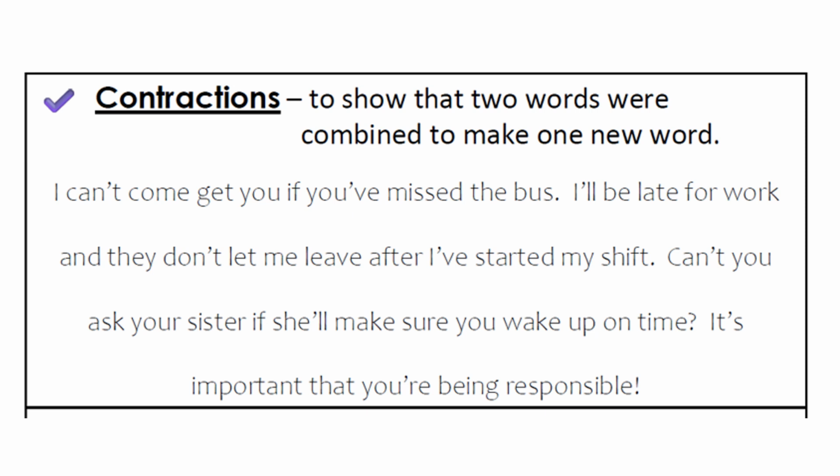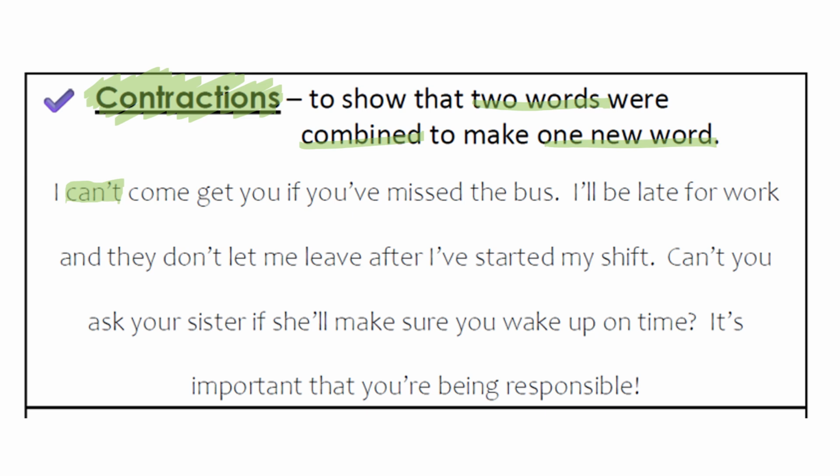So let's start by grabbing a green colored pencil or crayon, and we're going to talk about contractions. A contraction is a new word that's made when you take two words and you combine them to make one new word. So like in this first sentence, we have the word can't, and the word can't is created by taking two words and smushing them together.